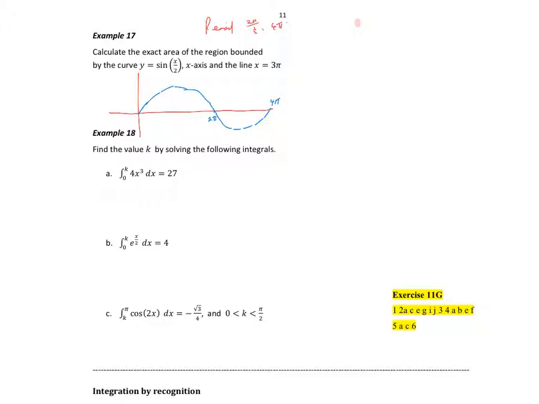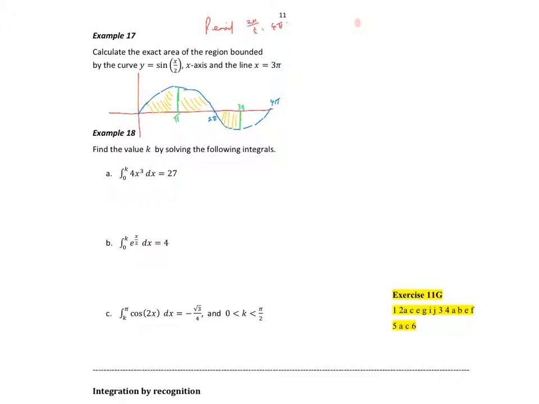So there's a couple of ways we can consider this one. We know 3 pi is there, pi is there, all right? So what we've actually got is half a section plus another section. All three of those sections are the same size.